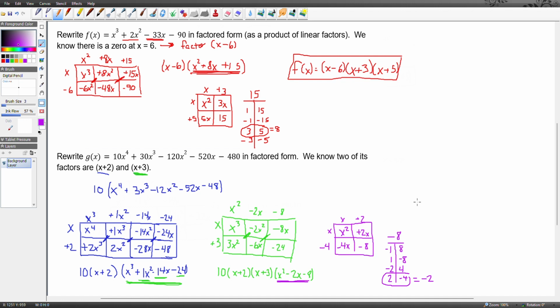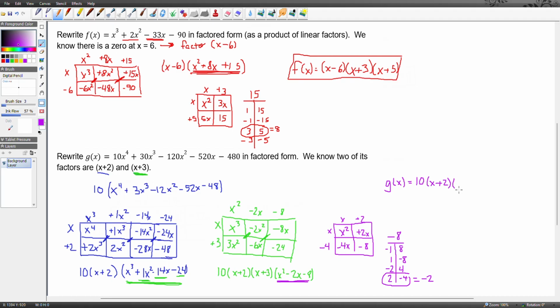So final answer for this whole problem, we would have g of x, so that was the name of the original function. The 10 we took out the very first thing. The x plus 2 that we took out, that one was from the blue box.